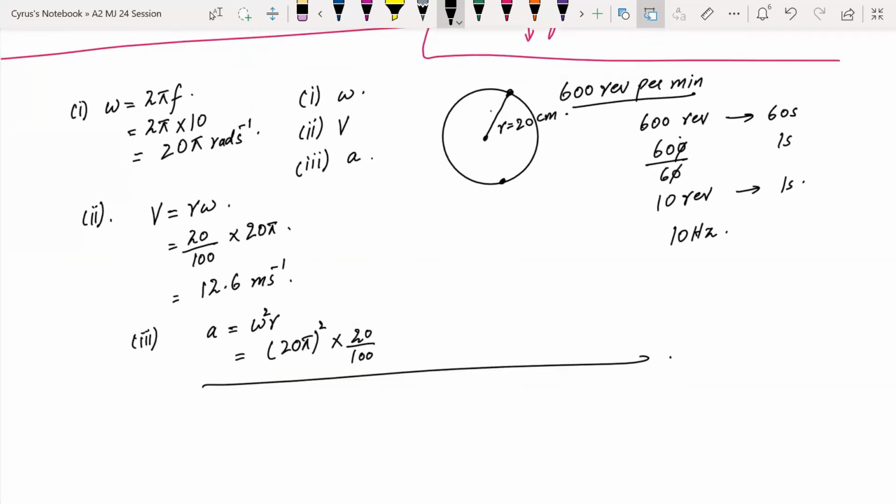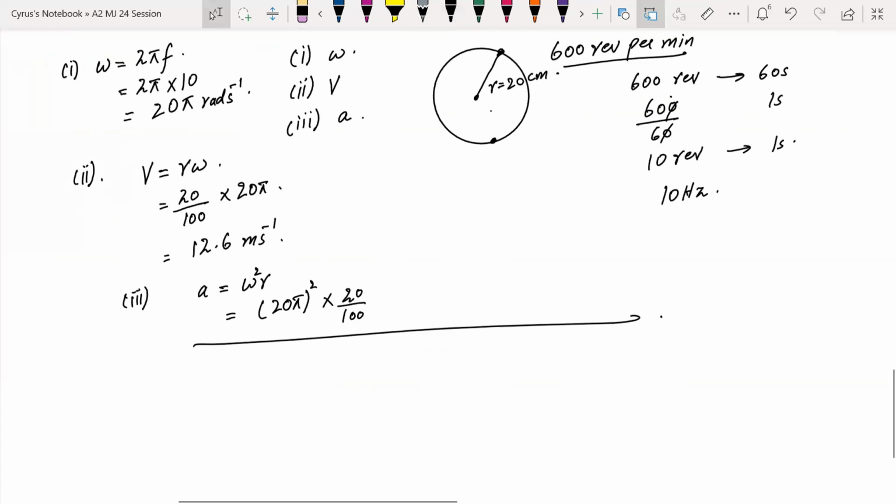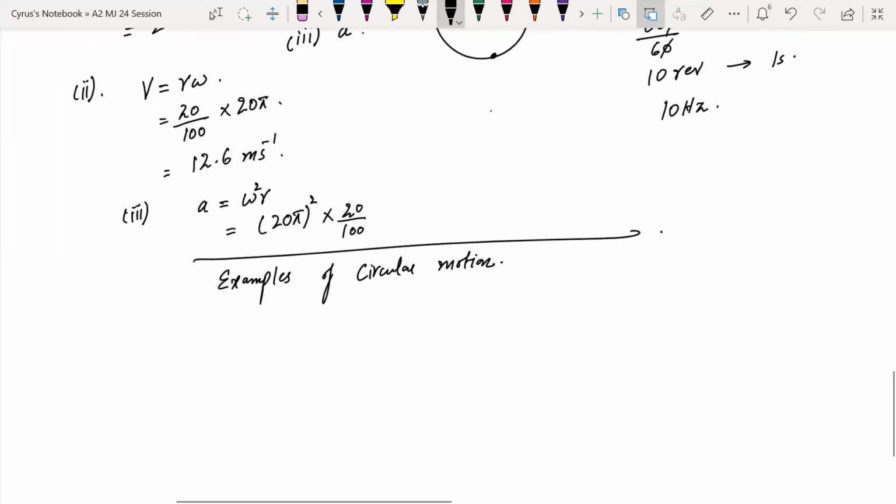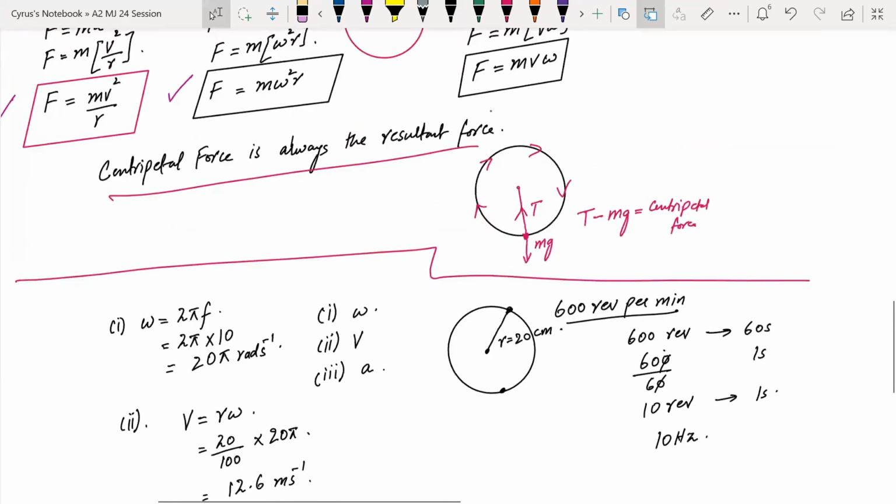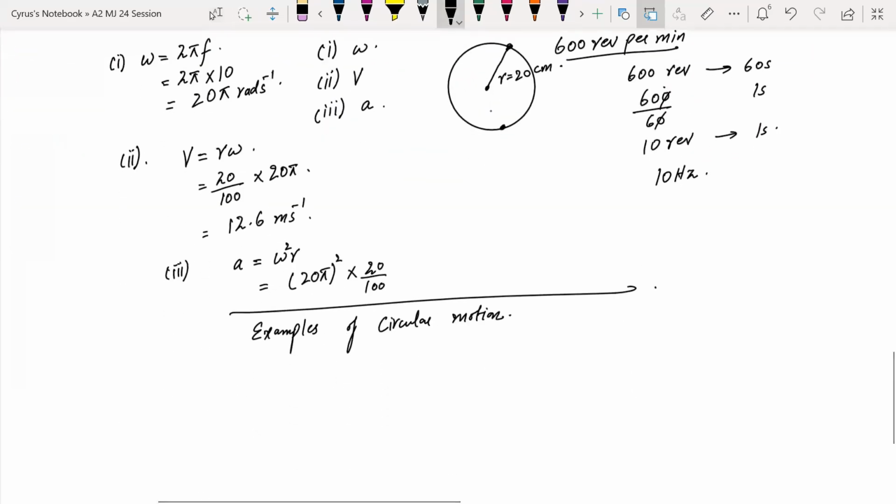We see different examples in circular motion, which we will study. One very important example is when an object is moving with a string.